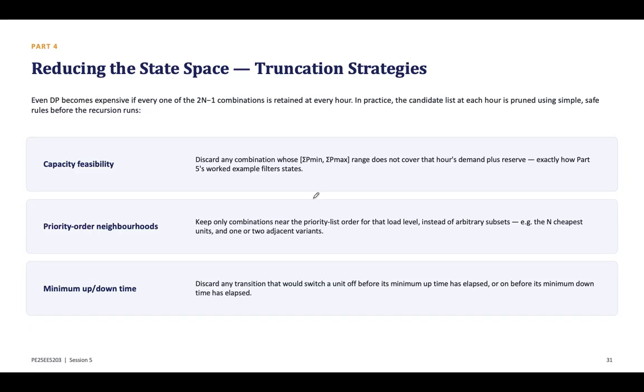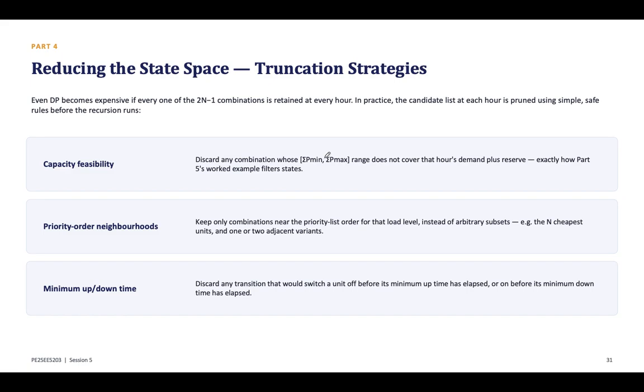Capacity feasibility is the first and safest screening rule. A combination whose minimum and maximum aggregate outputs cannot cover the required operating range is impossible and should be discarded immediately.